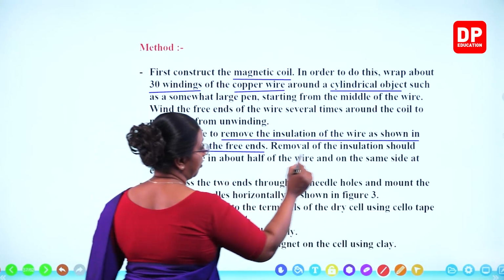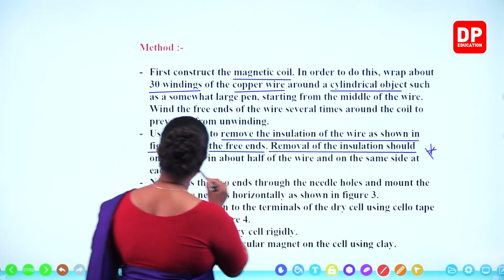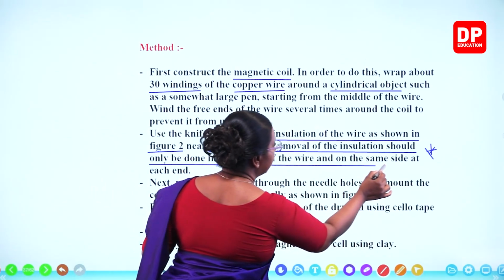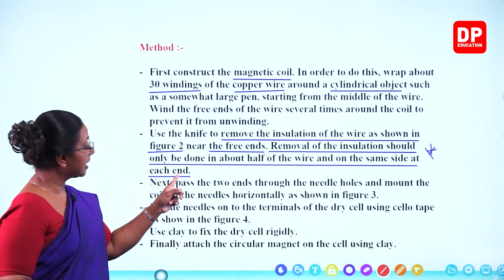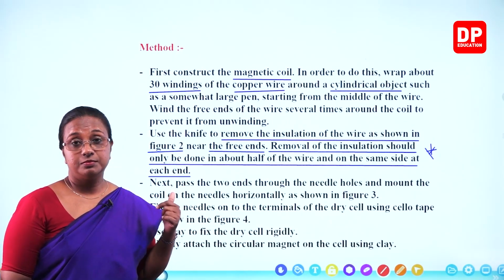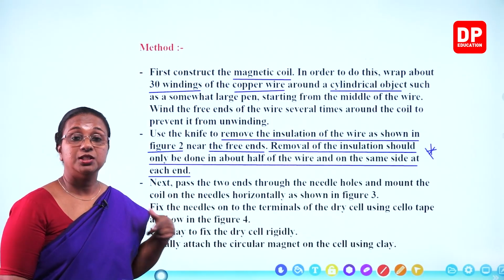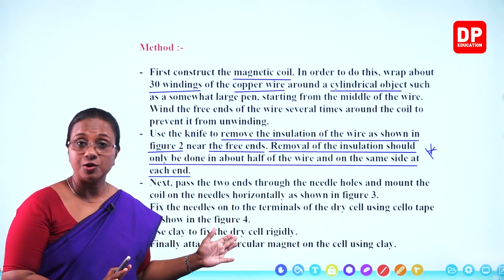That's very important. Then only the model will function properly. Then only you will see the coil rotating. Otherwise, it will not work properly.